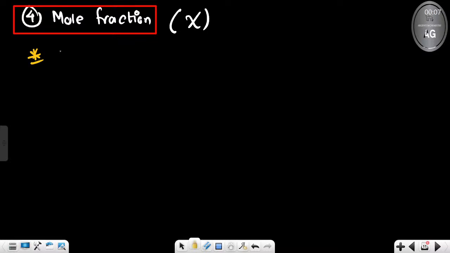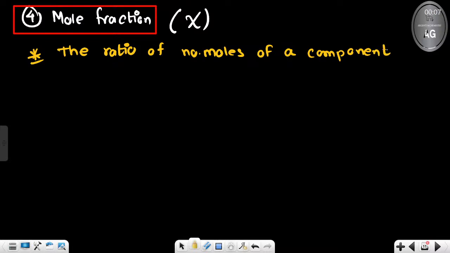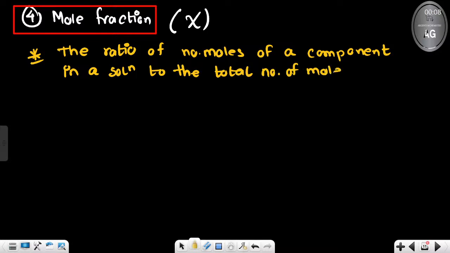Definition of mole fraction: the ratio of the number of moles of a component in a solution to the total number of moles in the solution.